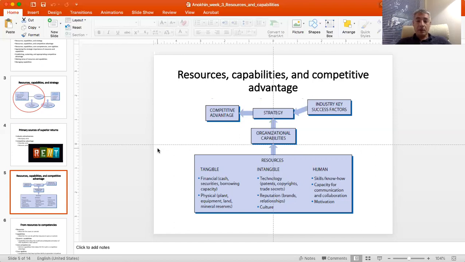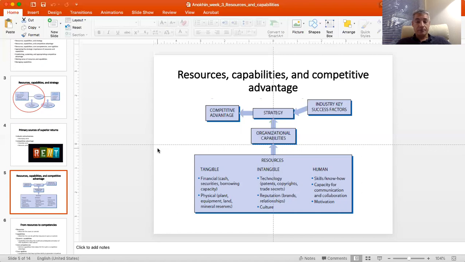The other kind of tangible resources would be your physical resources. Things like your plant, equipment, land, mineral reserves. Again, they do find their way onto the balance sheet of the company. You can see what those are. The big question is the valuation of those resources.